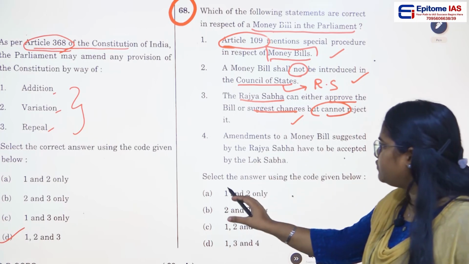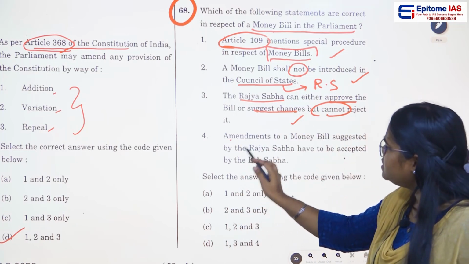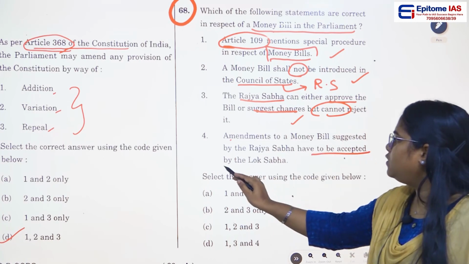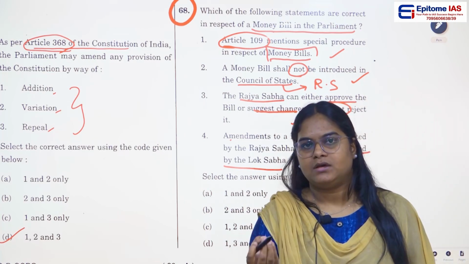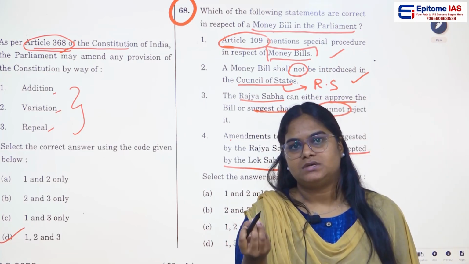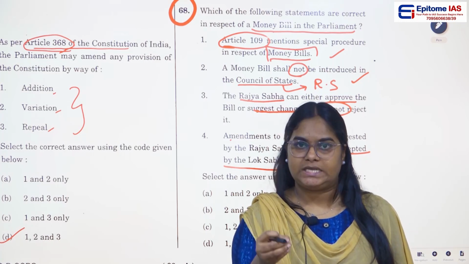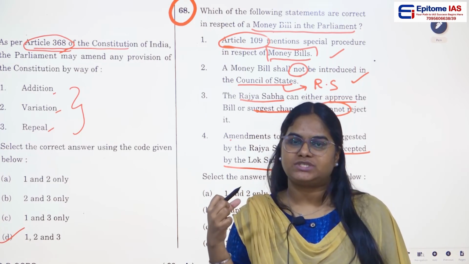And if you see the fourth statement, amendments to the money bill suggested by the Rajya Sabha have to be accepted by the Lok Sabha. Is it true? The Rajya Sabha can suggest some changes in that particular money bill, but it is not obligatory for the Lok Sabha to accept those suggestions.